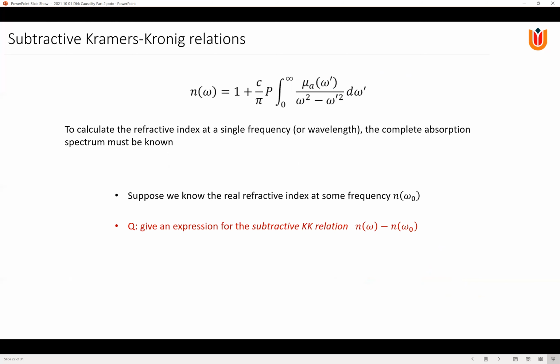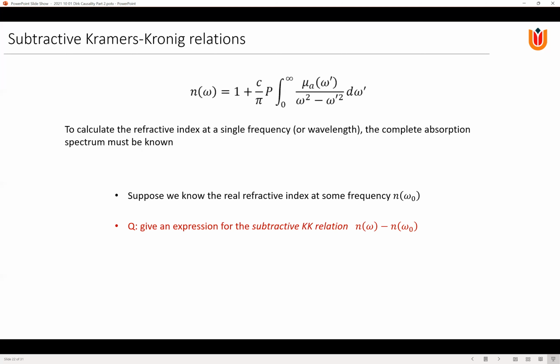I do have another question for you, something that you can try to calculate for a couple of minutes. Let's again look at this equation, at this integral. The glaring problem is that we want to calculate the refractive index at one frequency, but we still need to know the absorption coefficient over all the other frequencies.